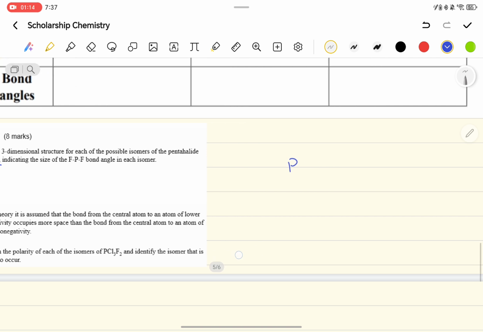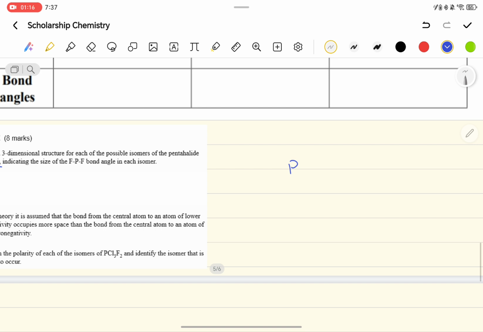Right, now we have to look at the first important idea of axial versus equatorial positions. If we're looking at a bird's eye view, P over here, the atom will be represented by a circle. If we're looking from above, right down at a bird's eye view, we will find equatorial positions, which are technically in the same plane as it.